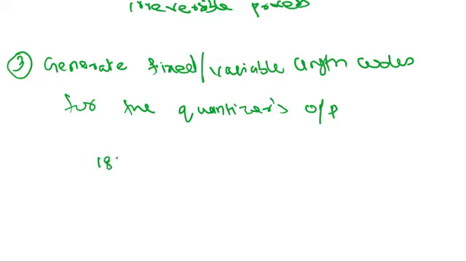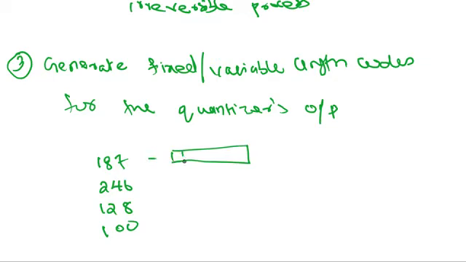Let's say you have the intensities 187, 246, 128, and 100. These are the only four intensities present in the image. If you take 8 bits to represent the pixel value, that will consume a lot of space.